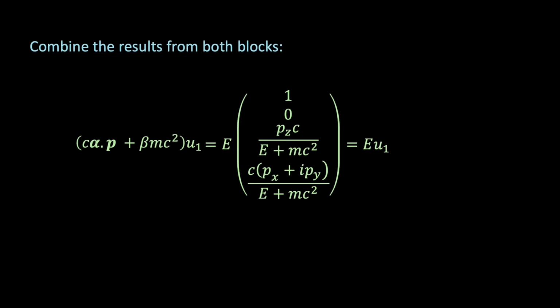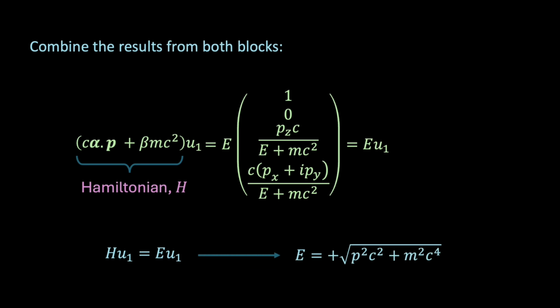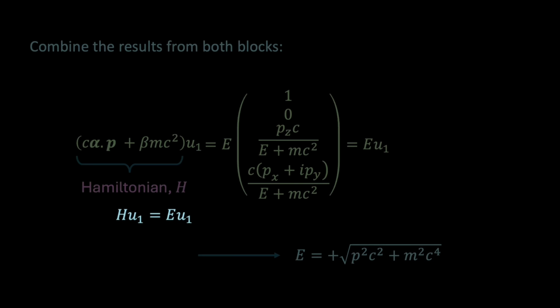Now, the term on the left-hand side is what we call the Dirac Hamiltonian. And so we see that we've just established that U1 is one of the energy eigenstates of the Hamiltonian with eigenvalue E, where E equals plus the square root of p squared c squared plus m squared c to the 4.